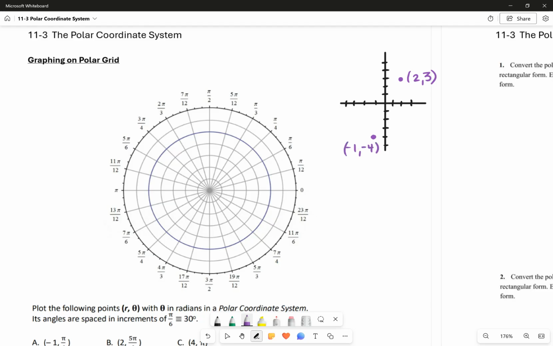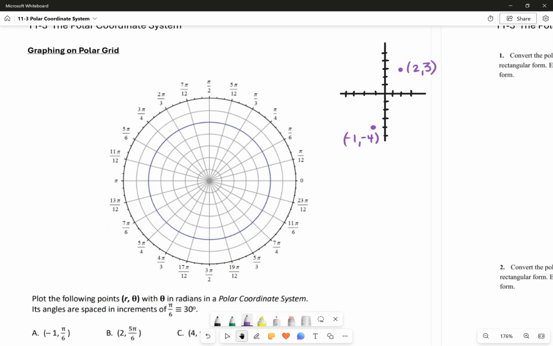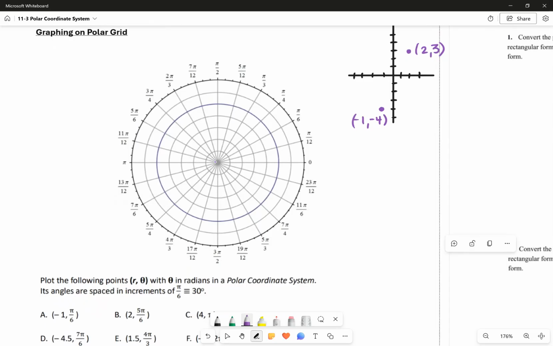All right. So what we're going to do is move away from that and learn how to graph on a polar grid. So here's a polar grid. The center right here is like the origin, right? And this is surrounded by what we call concentric circles. Each one of these concentric circles, that was really poorly drawn, is going to represent the radii.